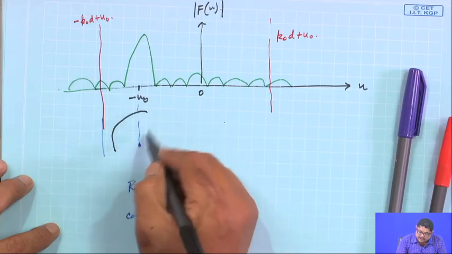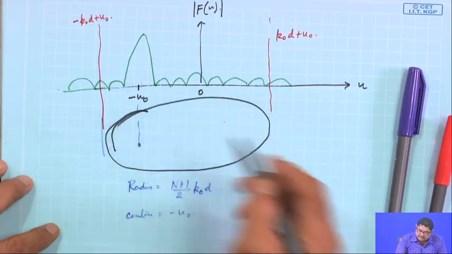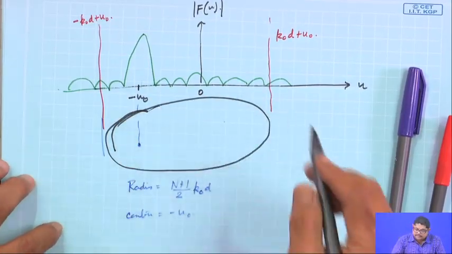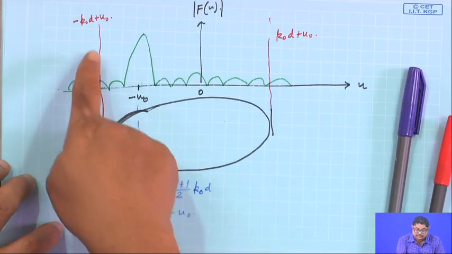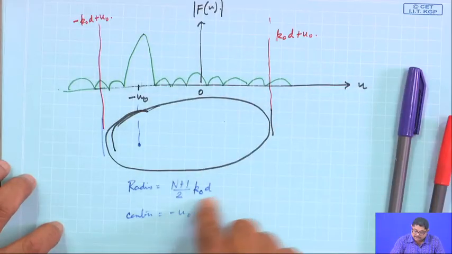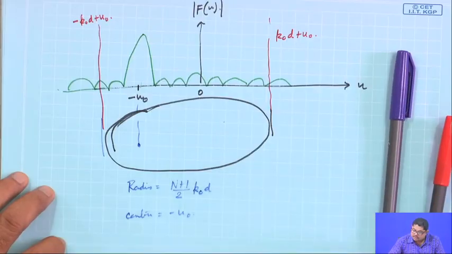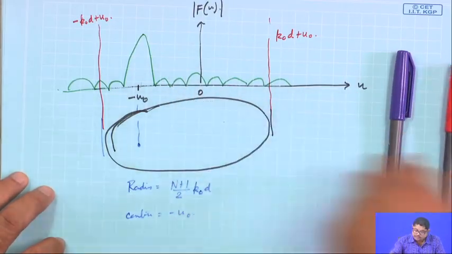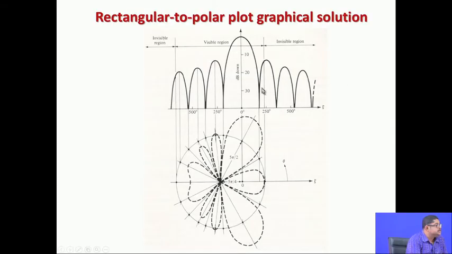This is a circle, and you will see it extends over the whole visible space, because I have taken k naught d, minus k naught d. Now, suppose this is the u plane. This circle will always be covering the visible region.